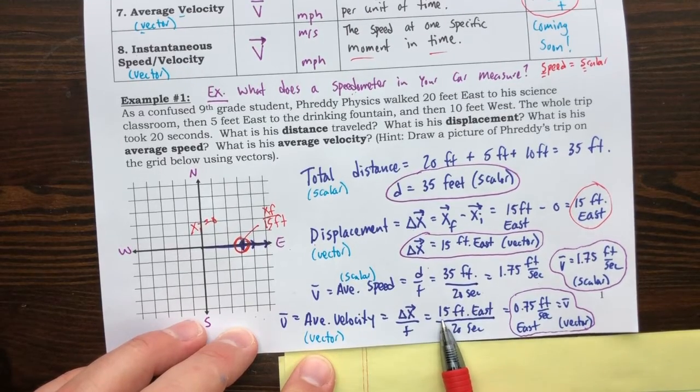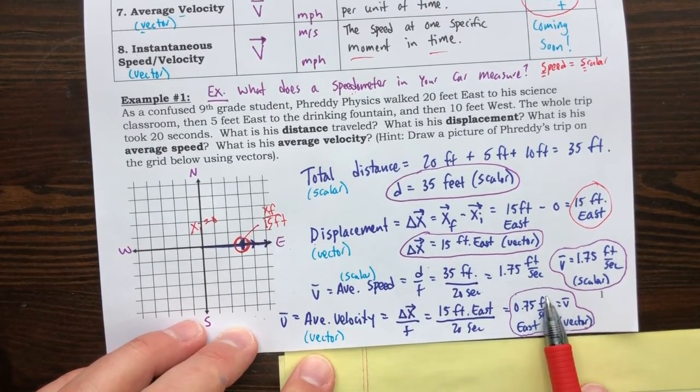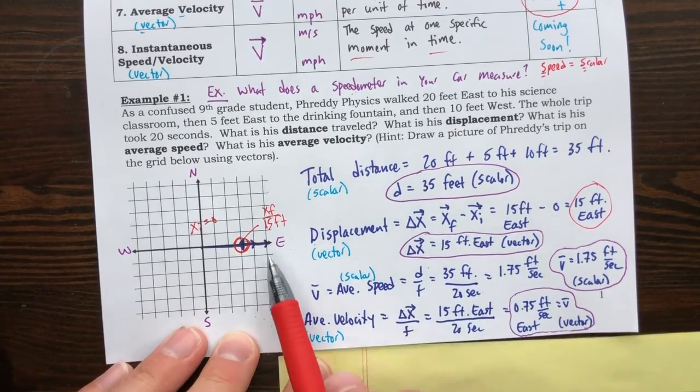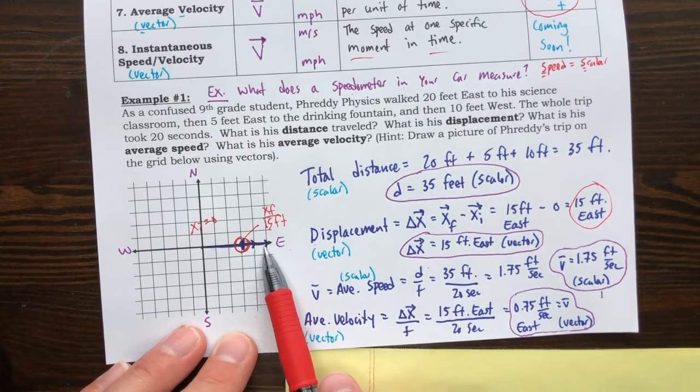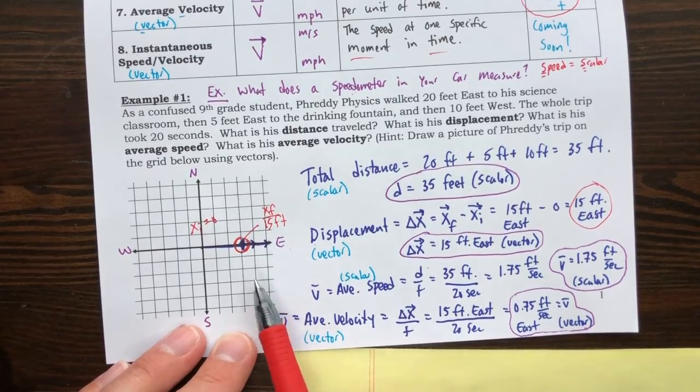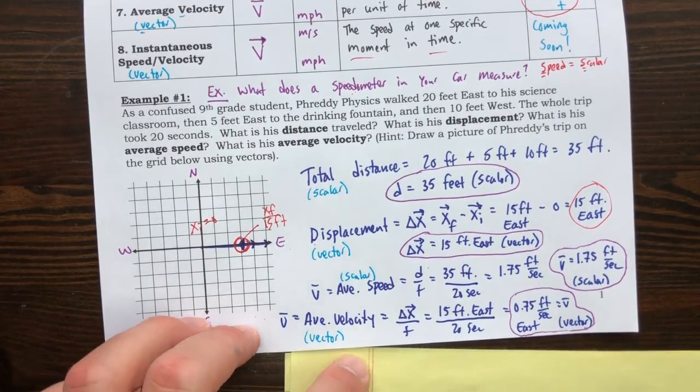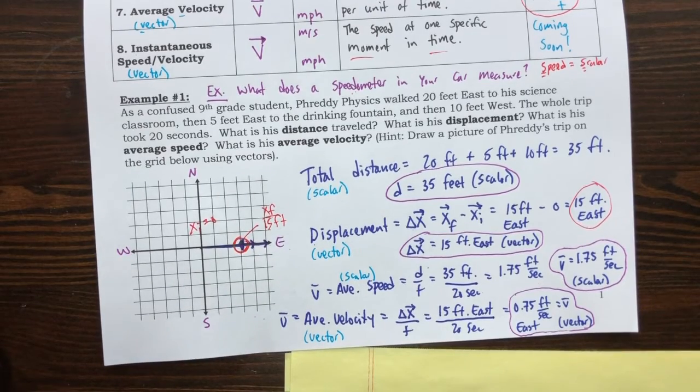So in this case, he was displaced 15 feet east. It took him 20 seconds. So his average velocity is going to be 0.75 feet per second east. So because he's not going in a straight line path here, he goes forward, backward, his average speed and his average velocity are not going to be the same. So that's where we start to talk about it.